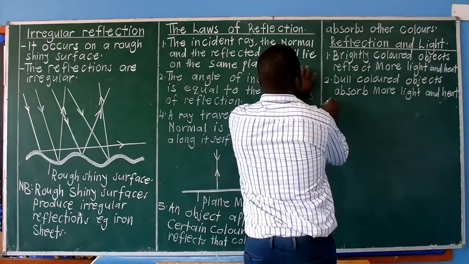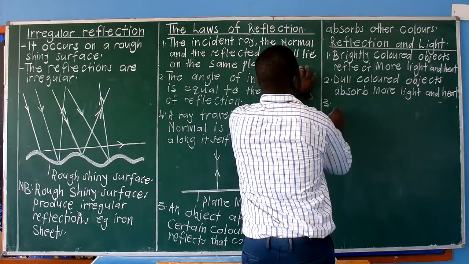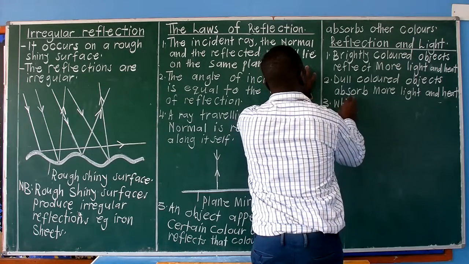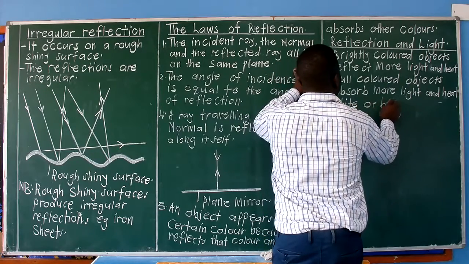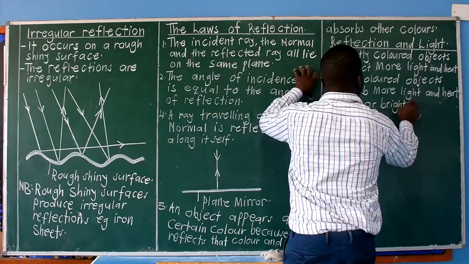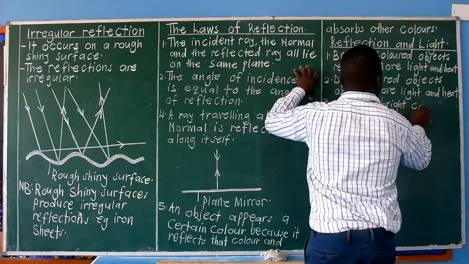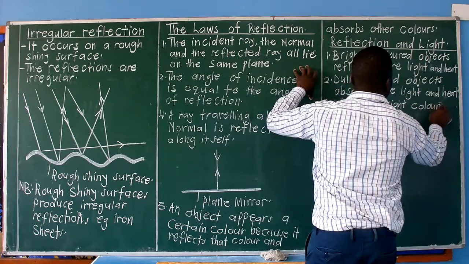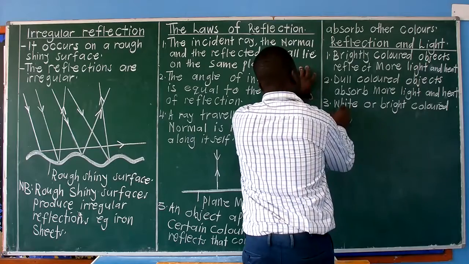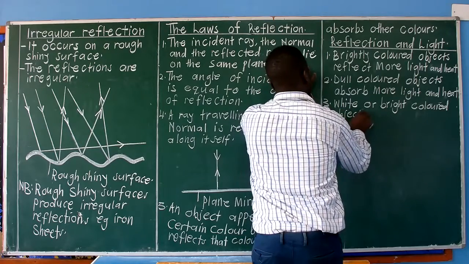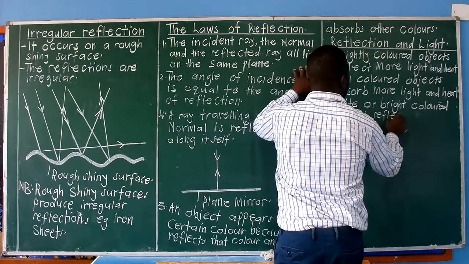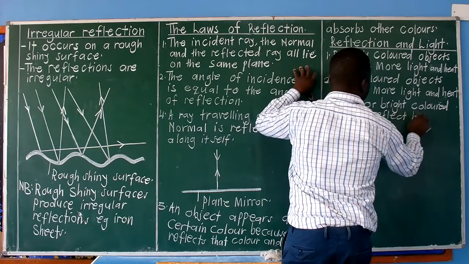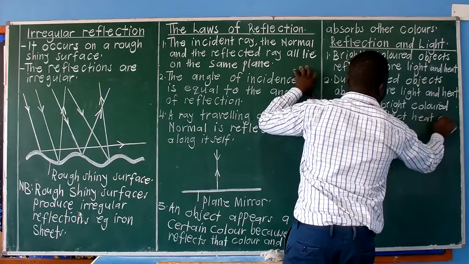That's why here you can say white or bright colored objects reflect heat and light.